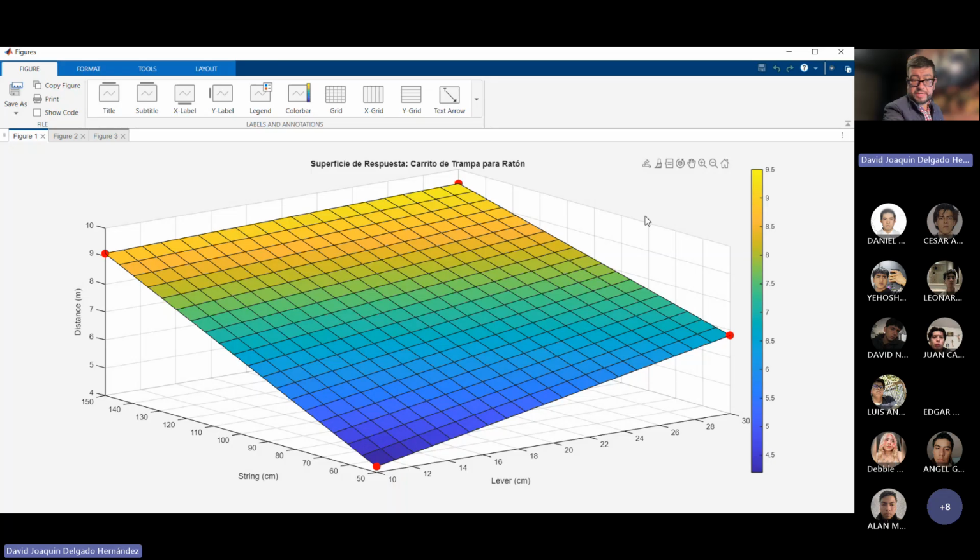Here is the result of the table that I just shared in the MATLAB. I am also sharing this graph in the WhatsApp group.